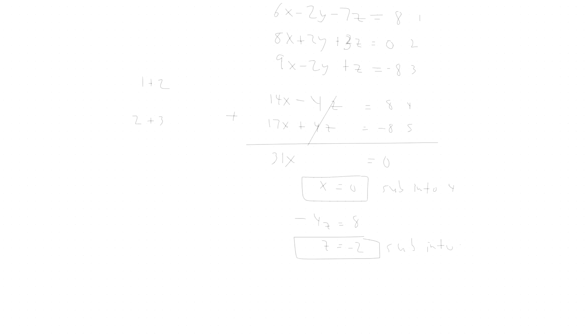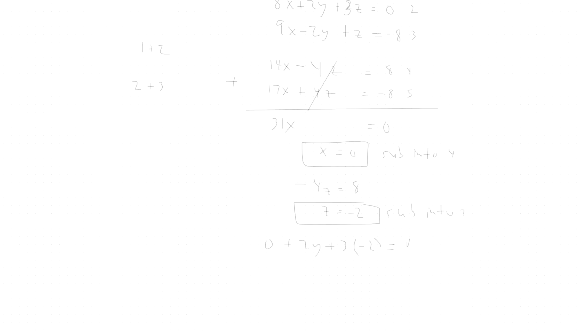8 times 0 is 0 plus 2y plus 3 times -2 is 0. So 2y minus 6 equals 0. So 2y equals 6.